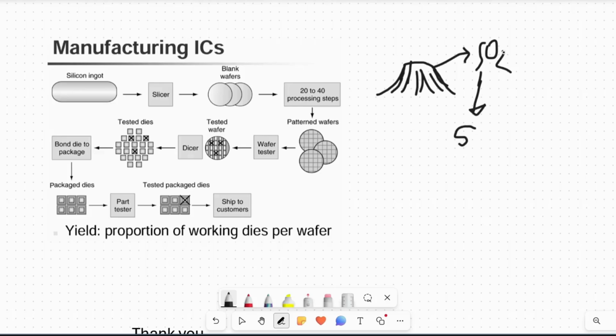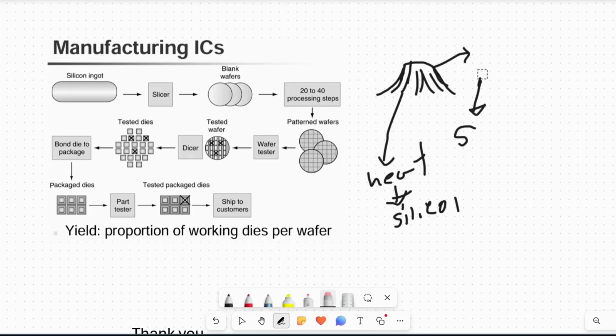So we collect silicon dioxide, or sand, then we use heat. After heating we find silicon.